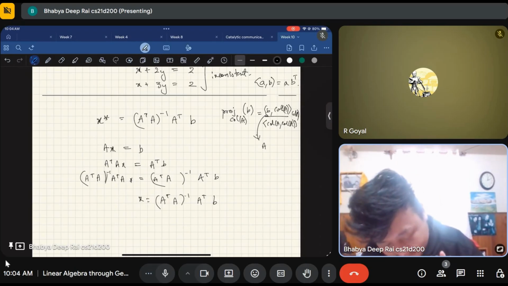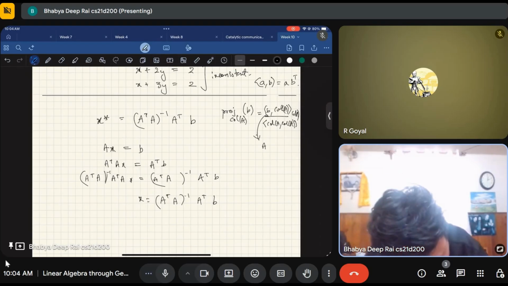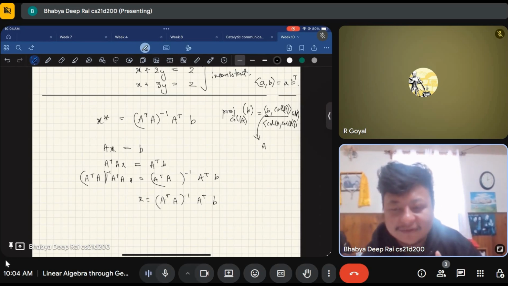If you do this directly, the transpose operation is fine, and A transpose A inverse also exists. So what is the reason here? Because if this is always possible, then it would mean that your system is always consistent, right?